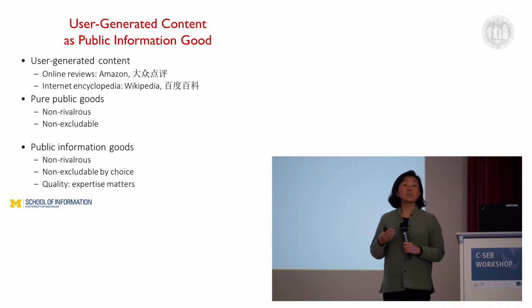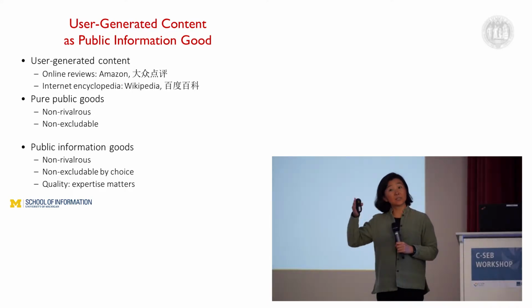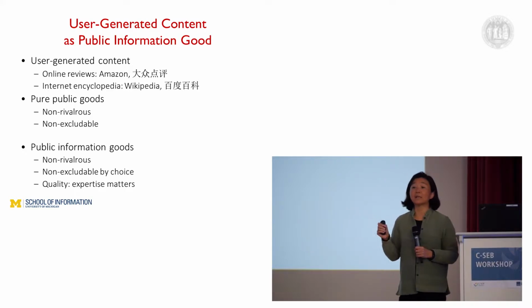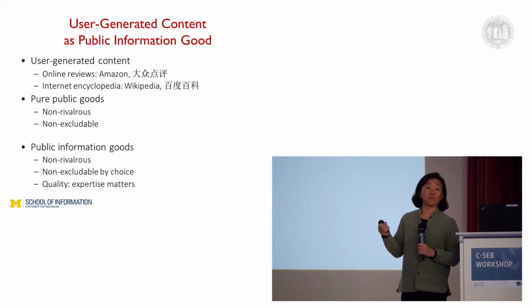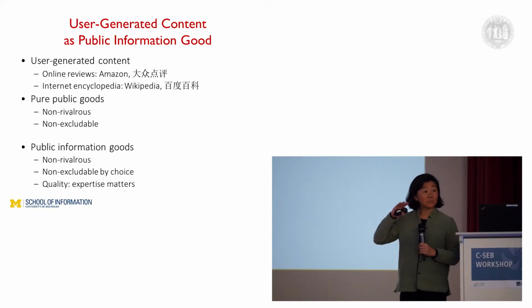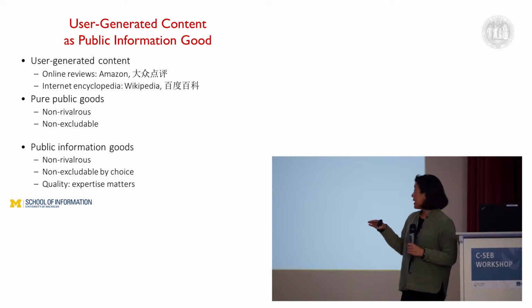In online communities, non-excludability is often by choice. The online platform decides not to exclude anyone from consuming the content. So moving from national defense and public schools to public information goods, the non-rivalrous property still holds, and it's mostly non-excludable by choice.